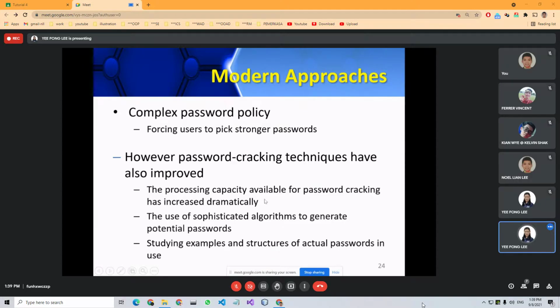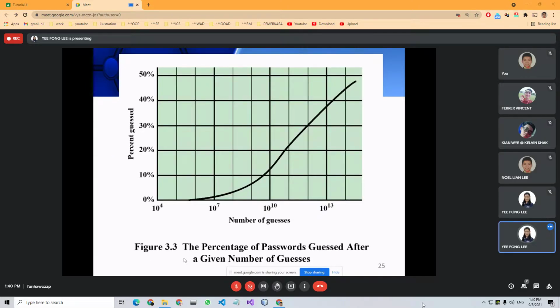Processing capacity available for password cracking has increased dramatically, with the use of sophisticated algorithms to generate potential passwords, studying examples and structure of actual passwords in use. Previously perhaps only brute force was used, but slowly algorithms came in, with different patterns and structures for guessing the password. So the methods are getting improved, and the way we set up our passwords also has to change.